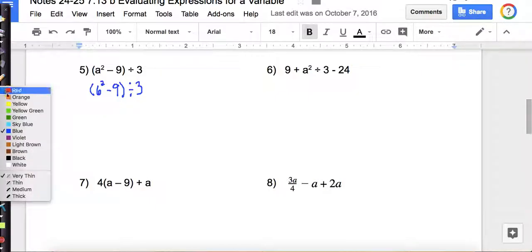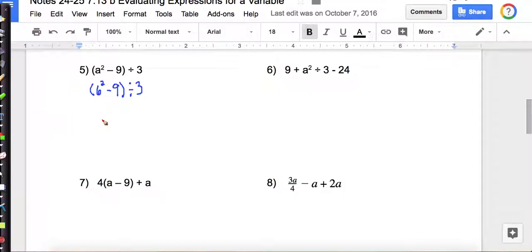And I'm going to change colors here so that you can see what I'm doing in each step. So after grouping is done, parentheses, then we look inside and we look for exponents. So I see 6 squared, which is 36, because that means 6 times 6. 36 minus 9, close your parentheses, divided by 3.